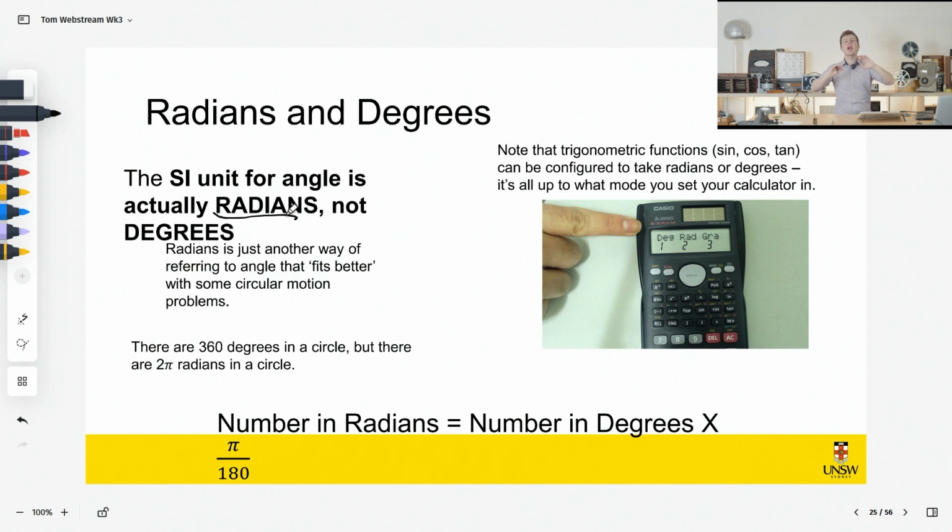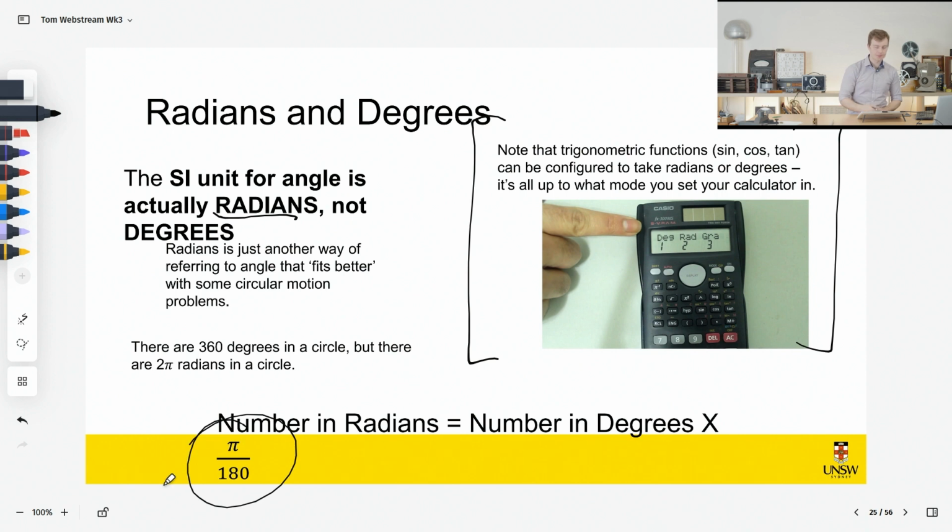Radians is just a way that works with the formulas that we have. Degrees just doesn't work for some formulas, but radians does. So when you're doing most circular motion problems, set your calculators to radians mode or hand calc it.